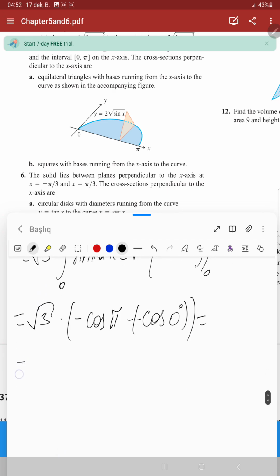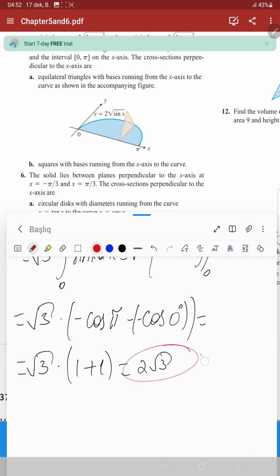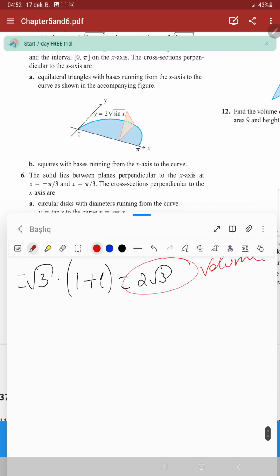Cosine pi is minus 1, so we get minus minus 1 plus 1, which gives 2 square root of 3. And here's our answer.